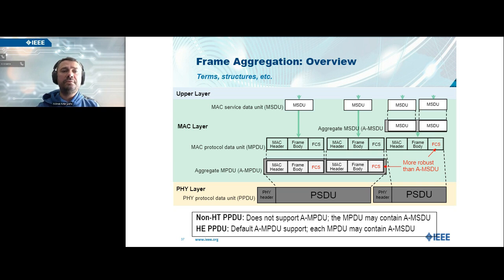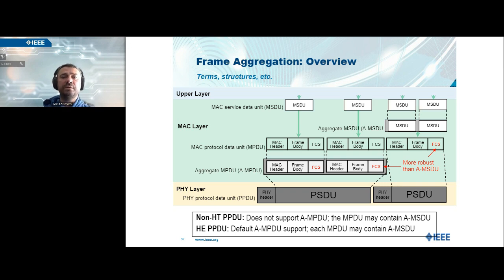From a PHY perspective, since we mentioned quite extensively the non-HT PPDU format and the HT PPDU format, it's noteworthy to have an idea of the limitations and flexibilities of each of these PPDU formats. The non-HT PPDU format does not support aggregation of MPDUs. So you cannot use A-MPDUs in a non-HT PPDU.